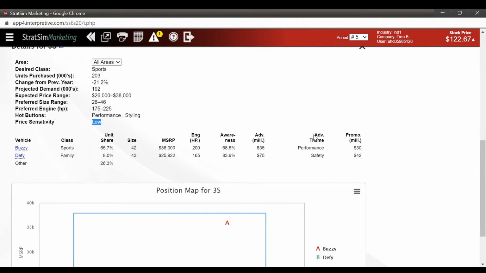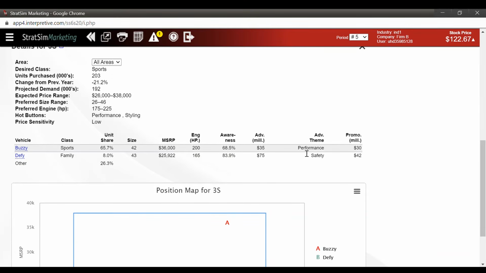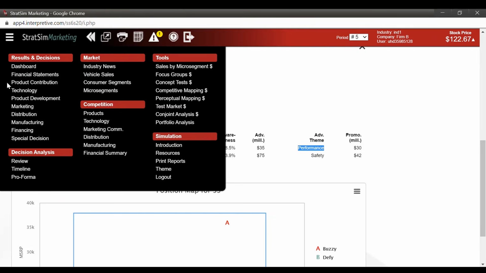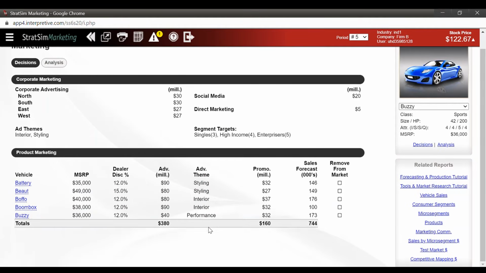This advertising theme is also very important. Here it tells you that the hot buttons are performance first and then styling. So that's what you want to take a look at here, and make sure that the theme is under performance. If you need to change it, you go back to marketing and change it there.